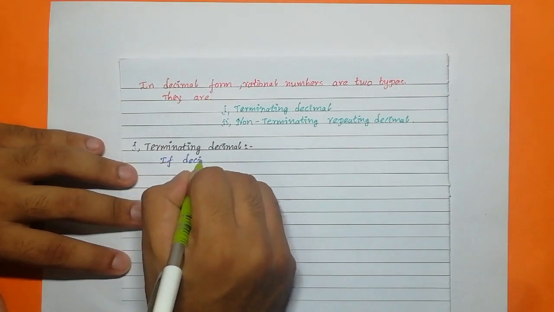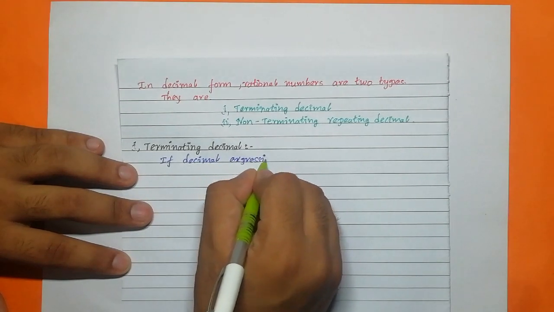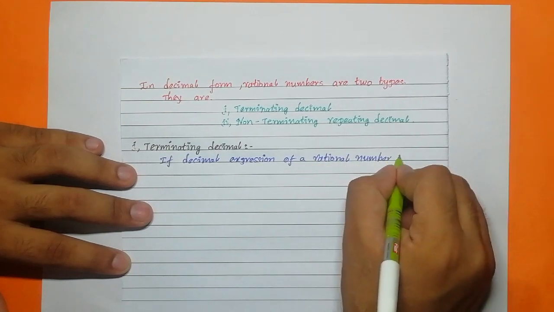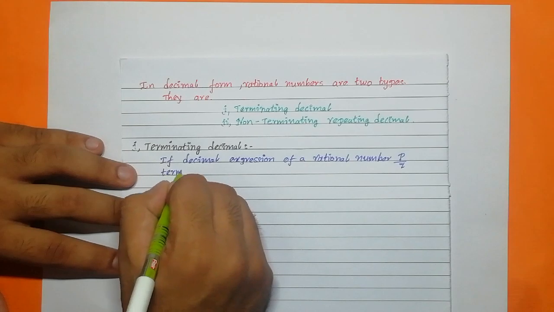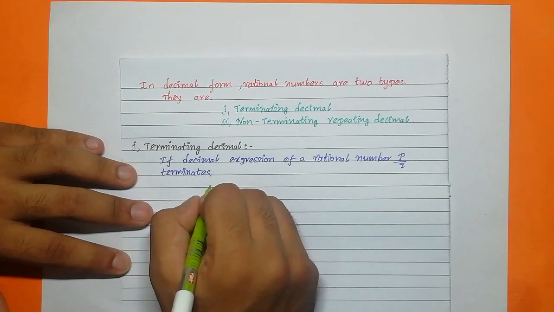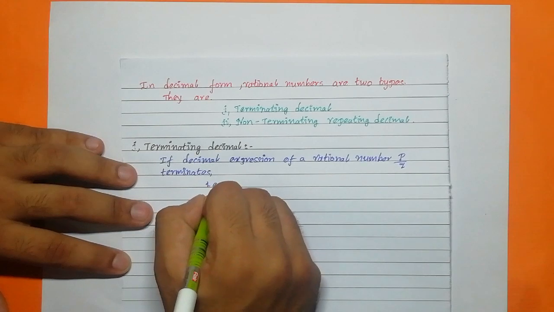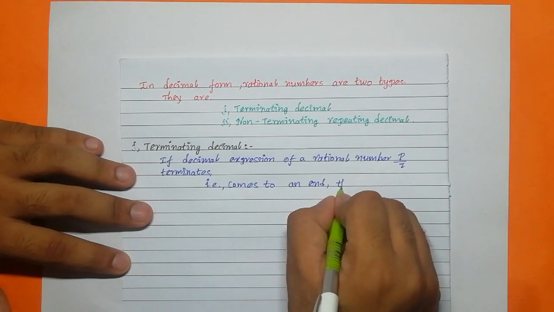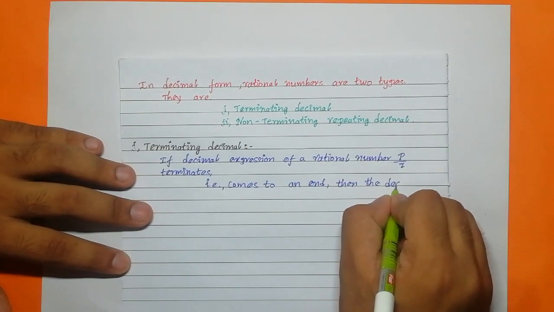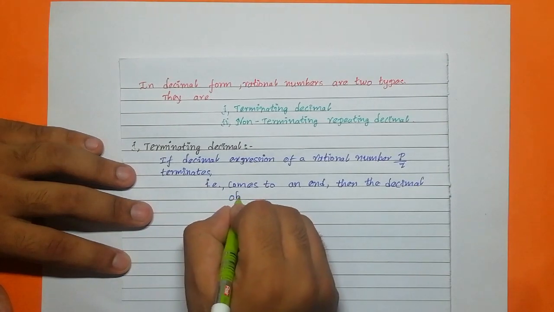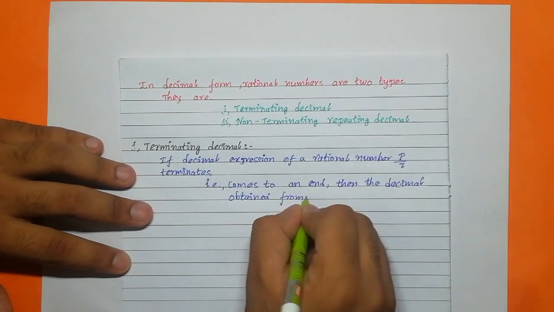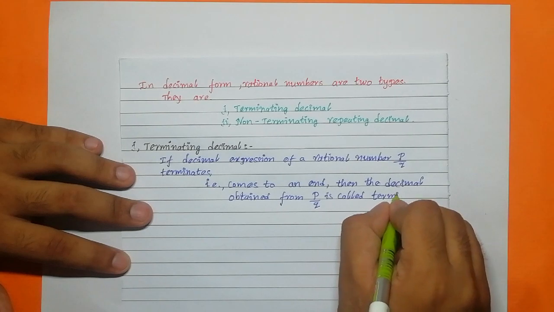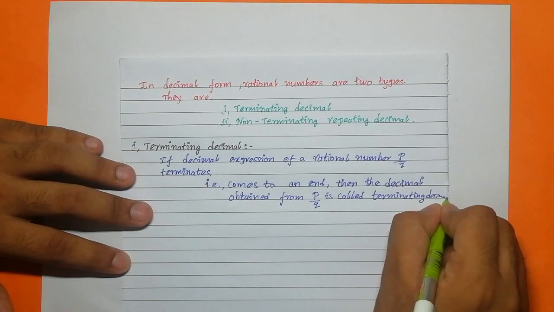If the decimal expression of a rational number p by q terminates, then it comes to an end, then the decimal obtained from p by q is called terminating decimal.